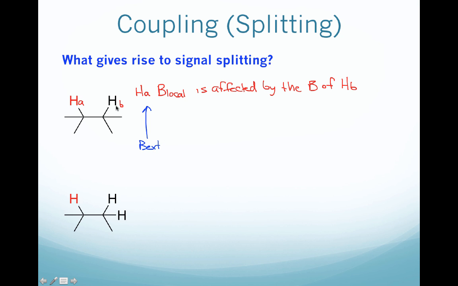But what happens is we have this proton B affecting the magnetic field of A, but the spin of proton B can either be with the field or it can be against the field. And we'll just call these the HB spin states.